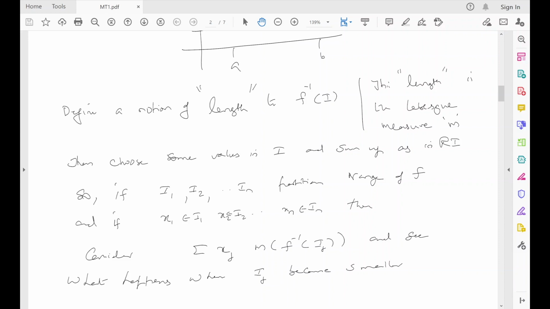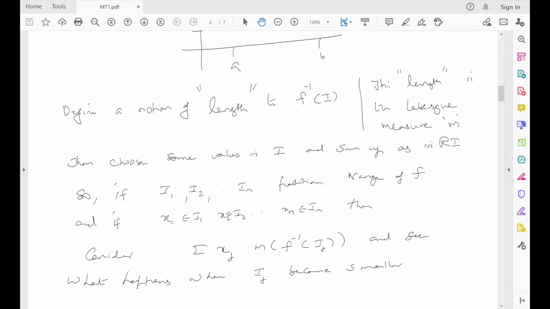So in Riemann integration, xj was either the supremum or the infimum in a certain interval, but that interval was in the domain. Here we are looking at the range and dividing the range into various intervals, and you choose these values xj and multiply by m of f inverse of Ij.